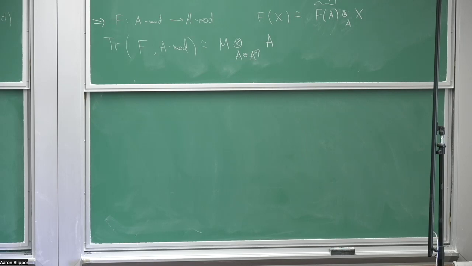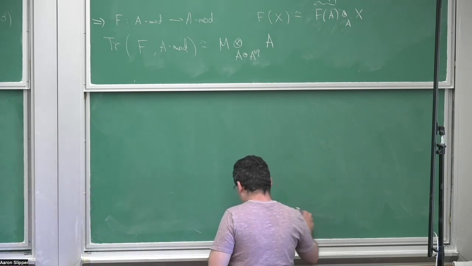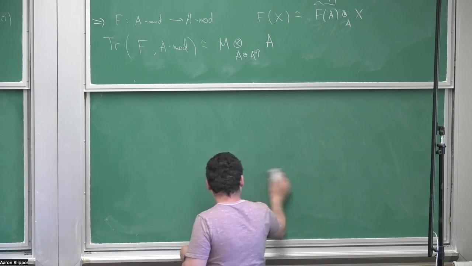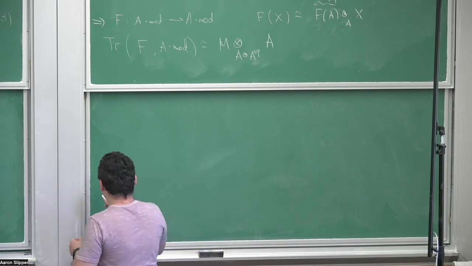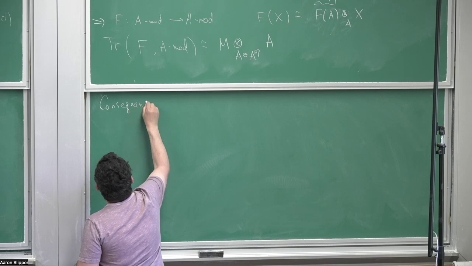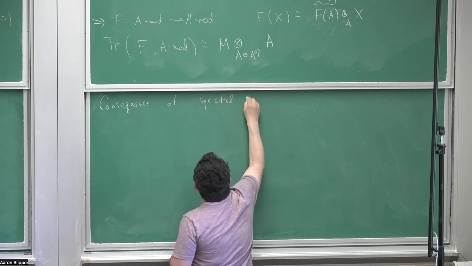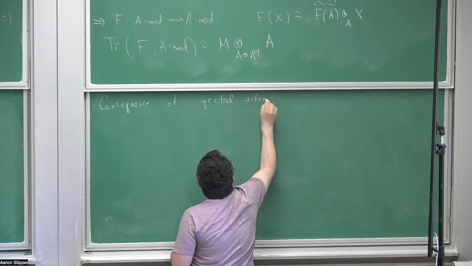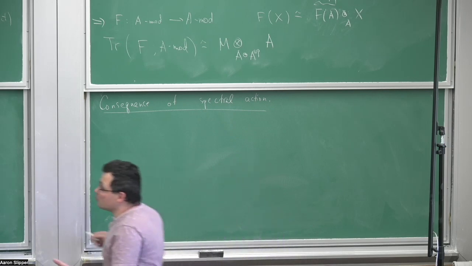We want to get consequences of the first part of the theorem. So let me just say what the consequence of the spectral action is.